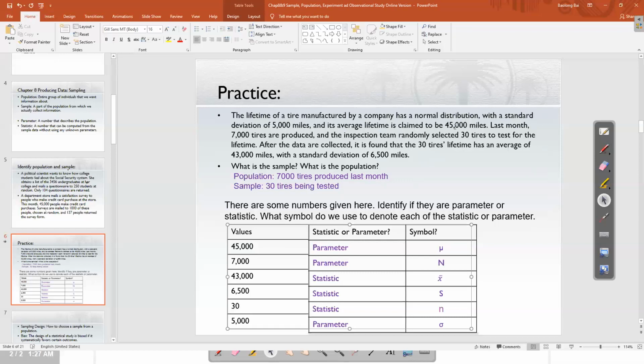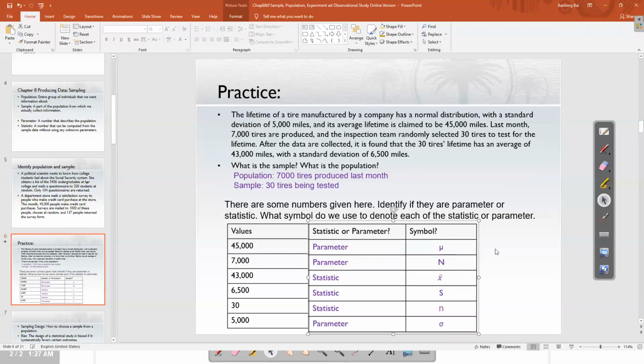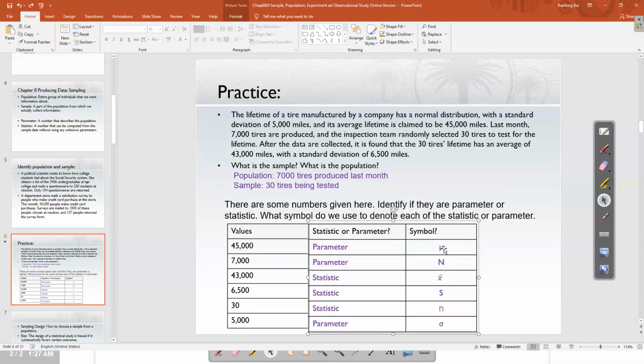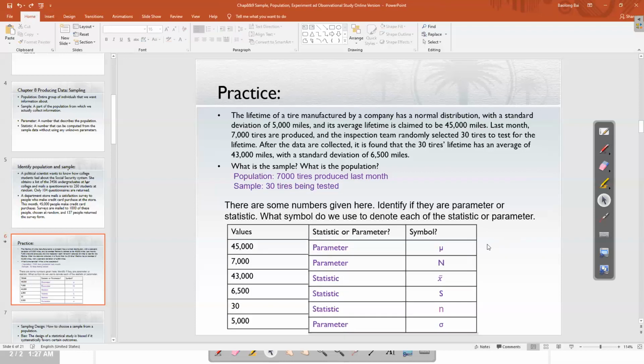And when you read between the lines, obviously this is referring to all the tires being produced, right? So that should be a parameter because it's talking about the population. And that's the population average, right? And the population average is the population mean, right? For the population mean, we use the symbol mu. So we got the first number figured out.